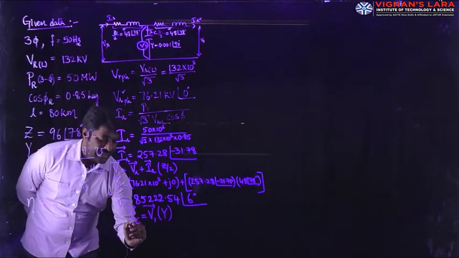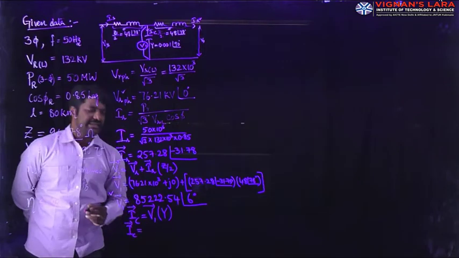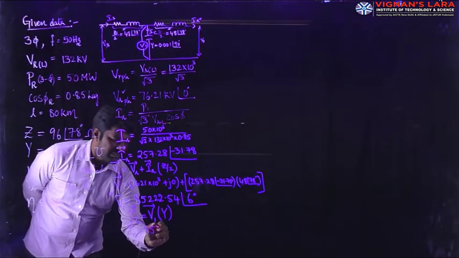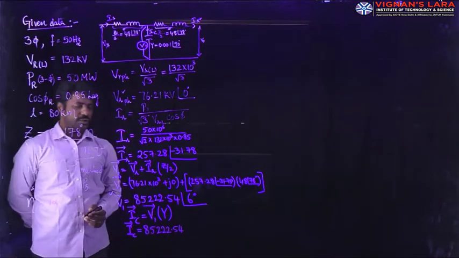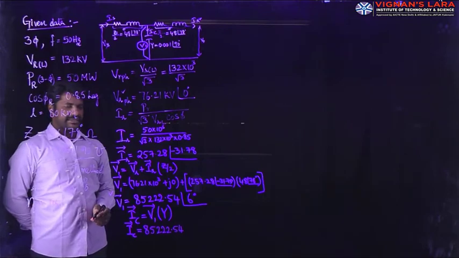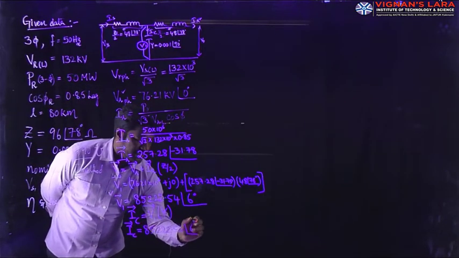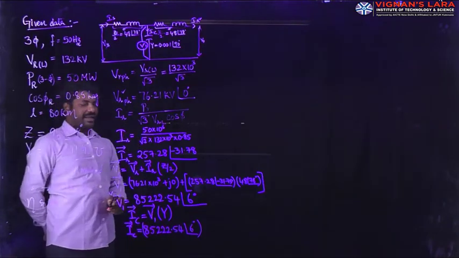So current in the capacitor IC is equal to the voltage so far we got, the voltage across the capacitor, 85,222.54 volts. This much voltage is available across the capacitor, making an angle of 6 degrees, to be multiplied with the Y value. What is the Y value?